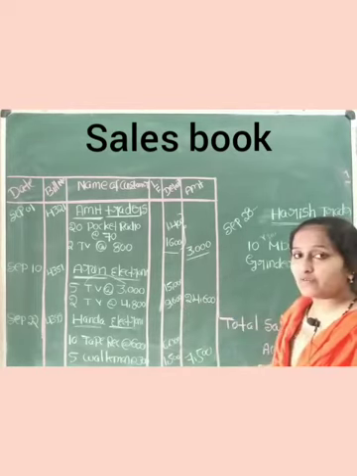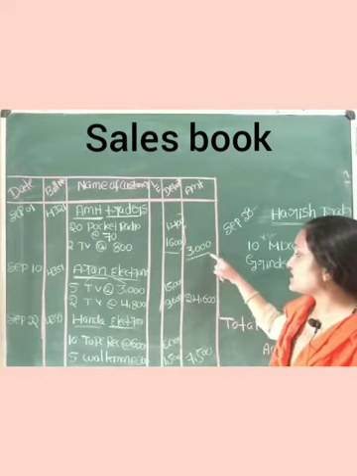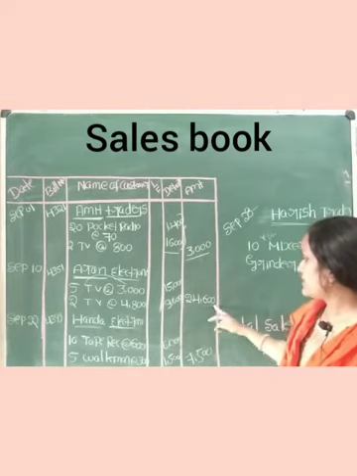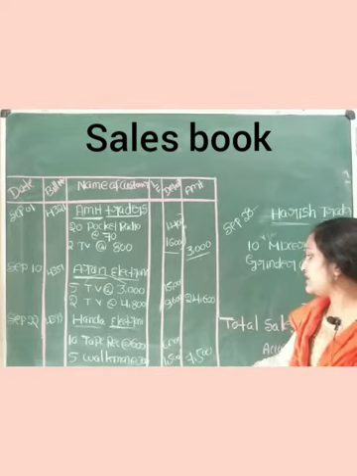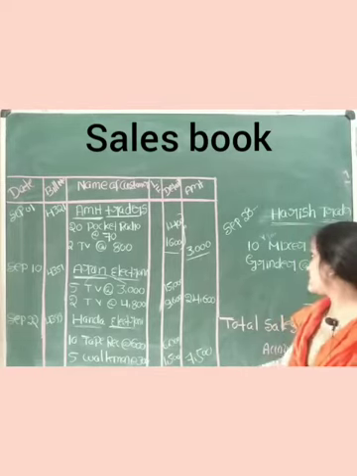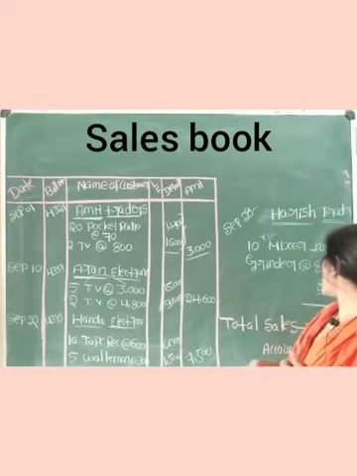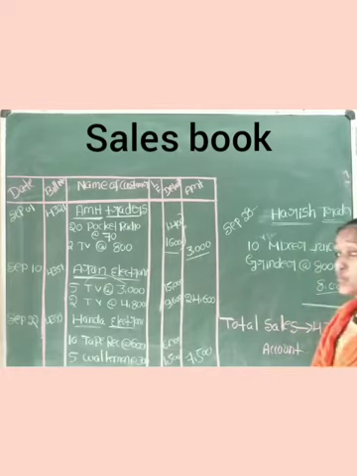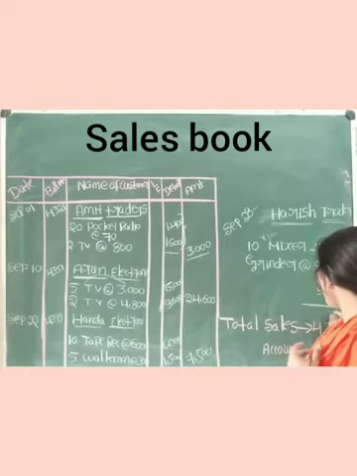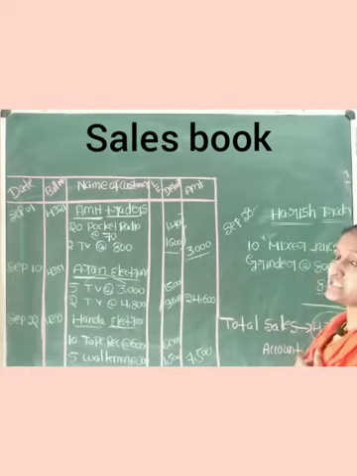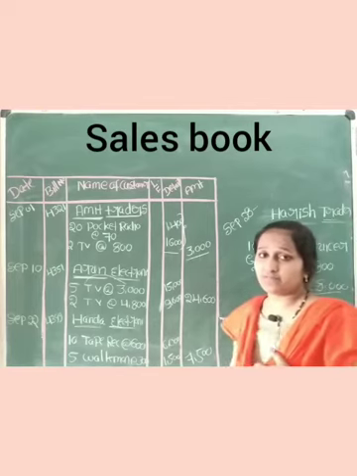From Amit Trader 3000 is due, and 24,600 from Arun Electronics. In the same way Honda Electronics is to pay 7,500 and Harish Trader is to pay 8,000. So the total credit sales amount to come to the company is 43,000.